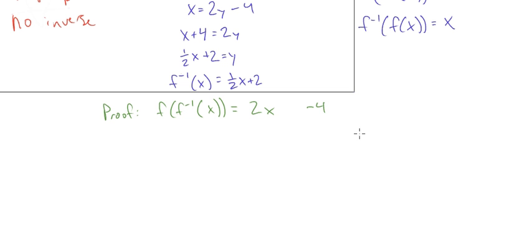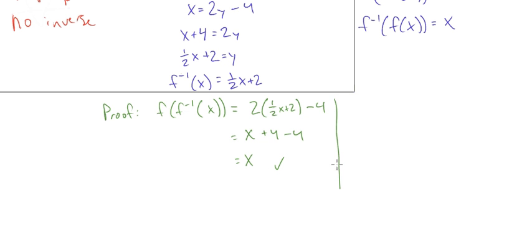But instead of x, we're plugging in the inverse function here. So 2 times 1 half x plus 2, minus 4. Multiply this all out, and 2 times 1 half x is just x. 2 times 2 is plus 4, and then at the end of it, minus 4. And 4 minus 4 is 0, so we end up with just x. So it works. It's going to be true.